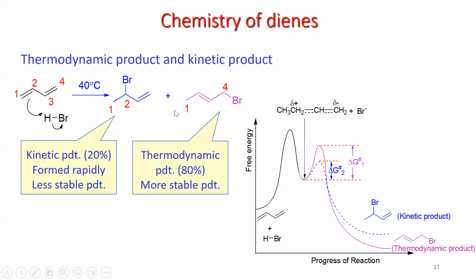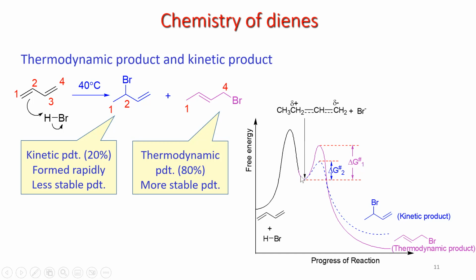Whereas the thermodynamic product is more stable due to the more substituted alkene, but the activation energy is more here, right? Forming the resonance-stabilized carbocation has a higher activation energy, so it has to exceed that.